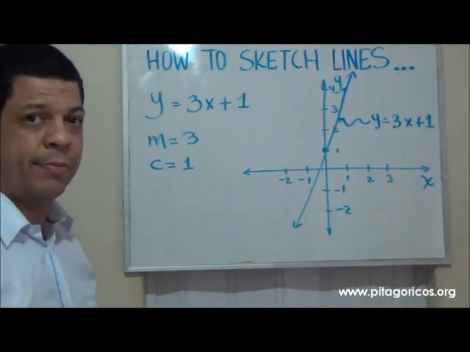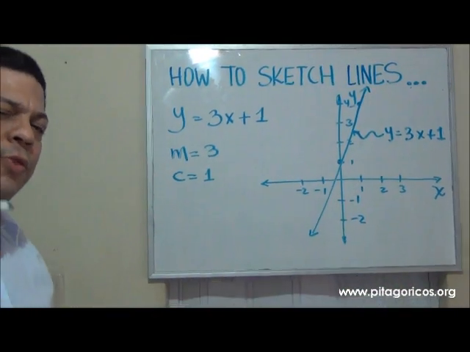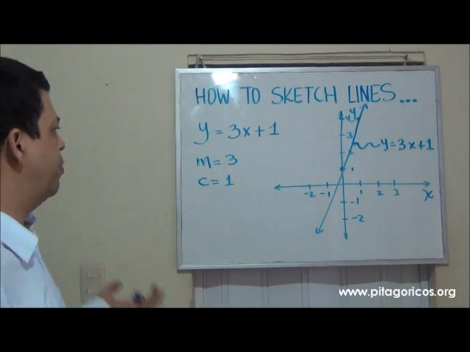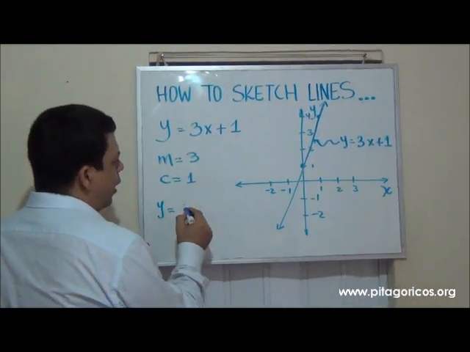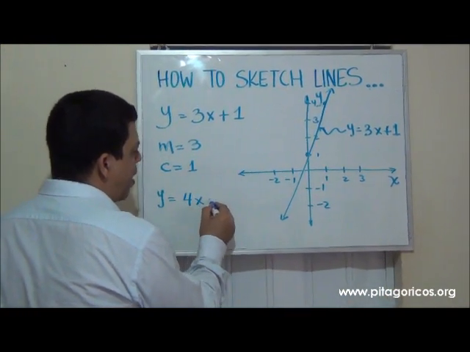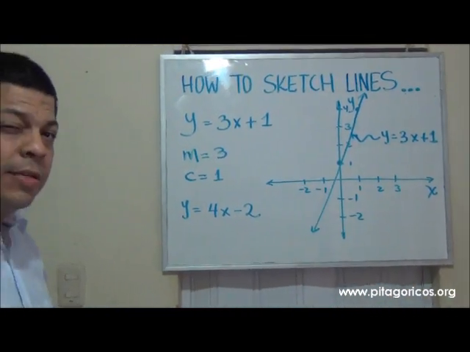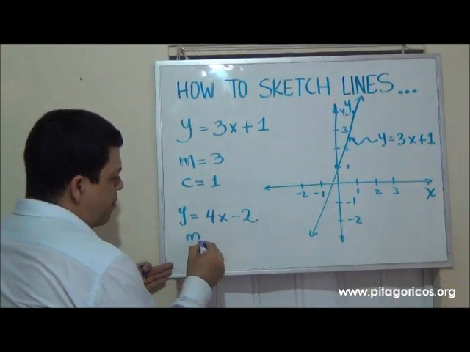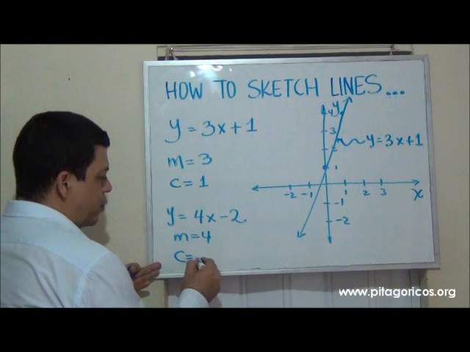Did you get it? If you didn't, I think it's very important for you to try another example. I'm going to try to do it here. I don't have much space, but I'm going to do it. Let's say y equals 4x minus 2. Again, what is my gradient? m equals 4. What is my y-intercept? c equals minus 2.